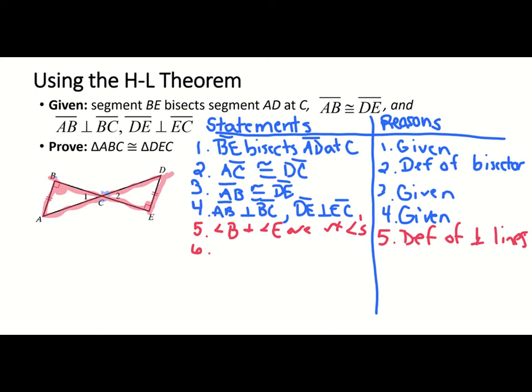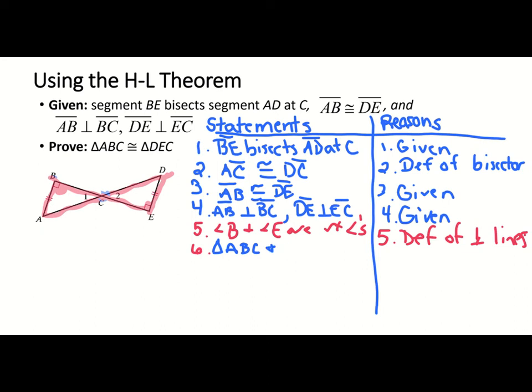So what we're going to say is, because we have those two right angles, my next step is going to be triangle ABC and triangle DEC are right triangles. And I don't need that equal sign there.